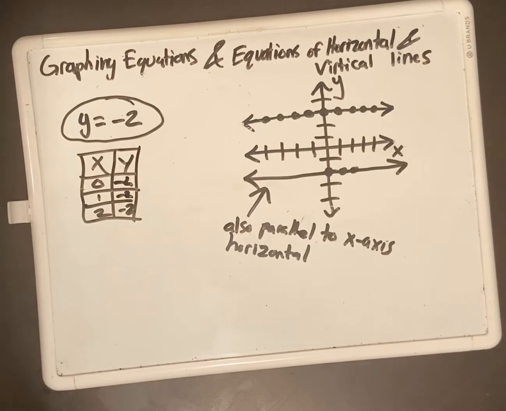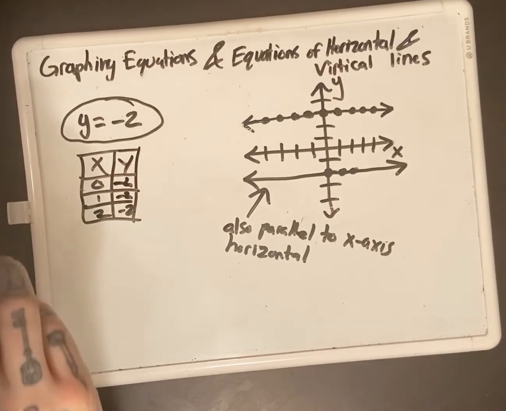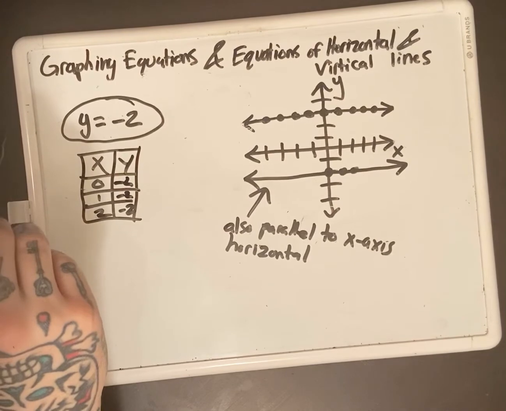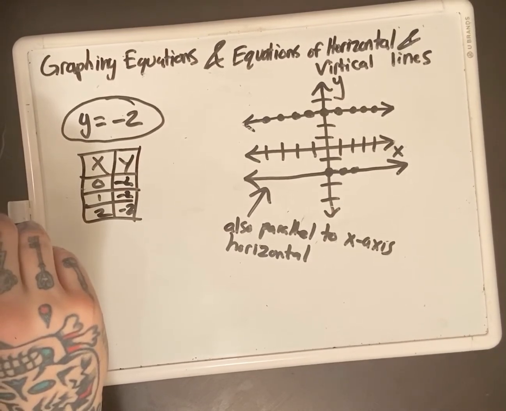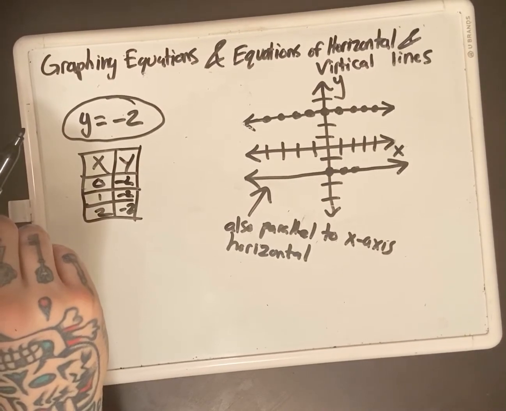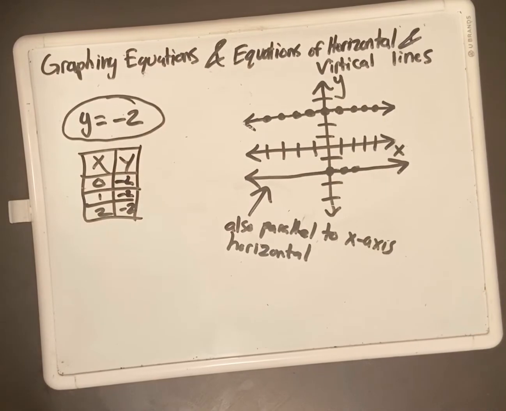So why do we think this produces a horizontal line?